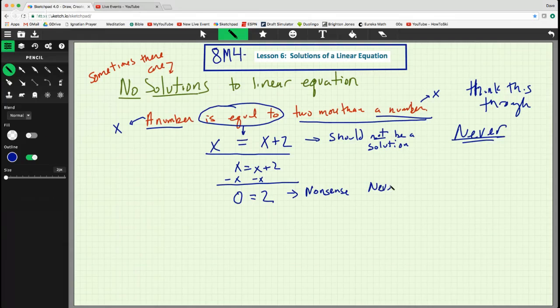This is never true. It is never true that 0 equals 2. Never, ever.